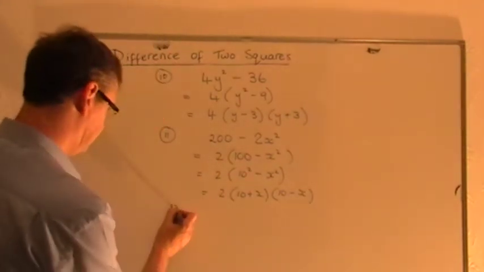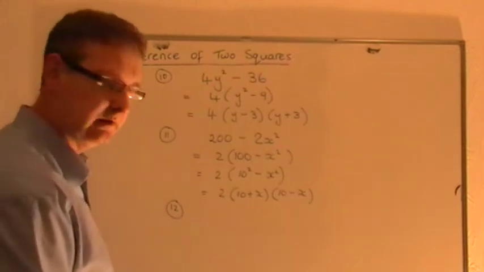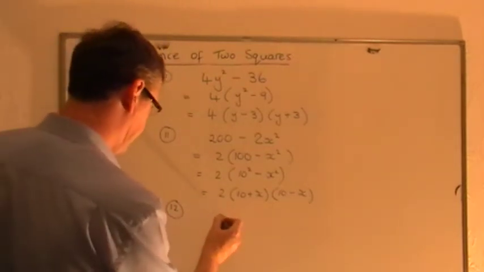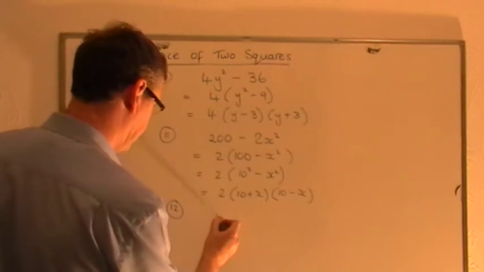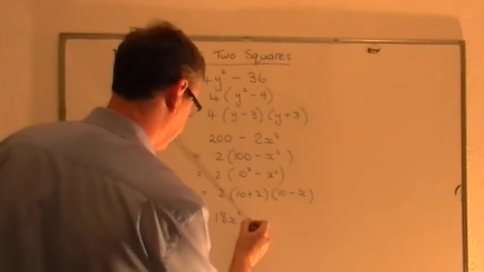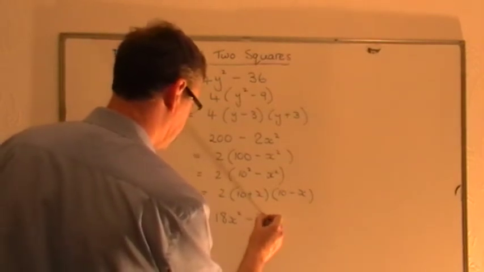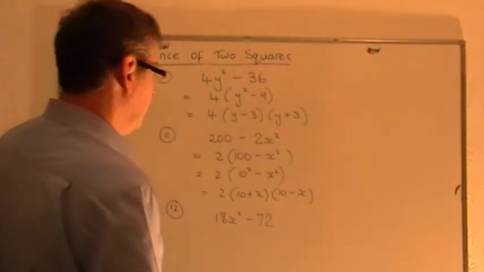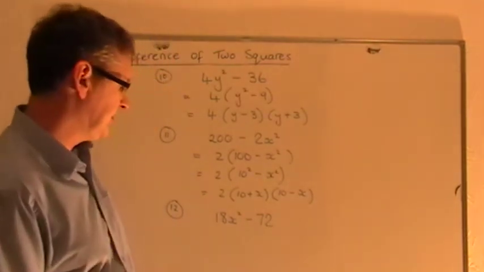And finally, number 12, you might have something like 18x squared minus 72. Something of that nature.